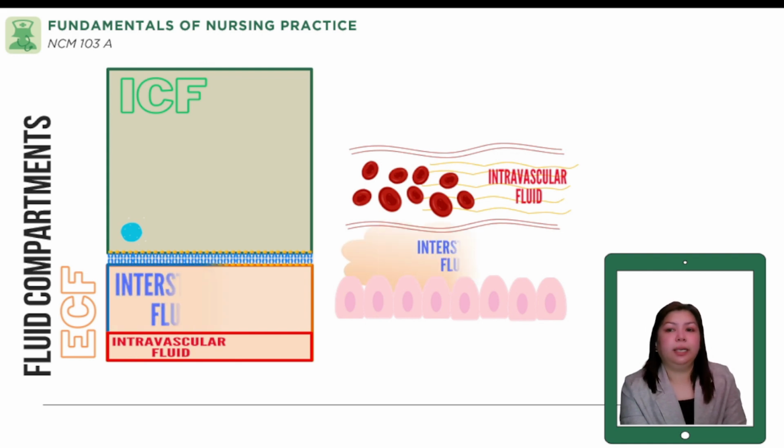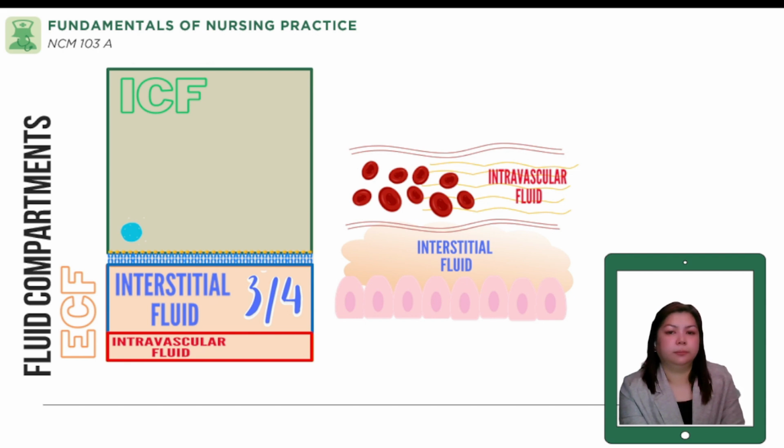And outside, which is your interstitial fluid, those that surround your cell and are sometimes referred to as your third space. The interstitial fluid is larger at around 3/4 of the ECF, and the intravascular fluid, or your plasma, is about 1/4. And between these two is what we call your capillary membrane.